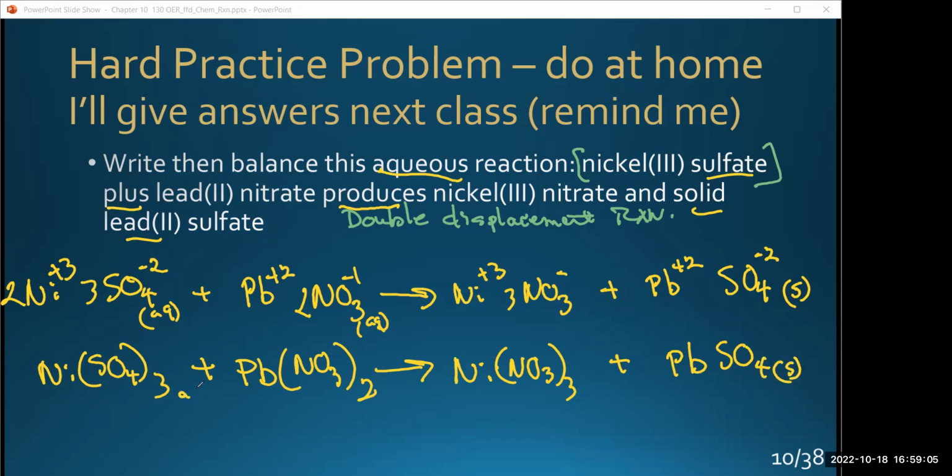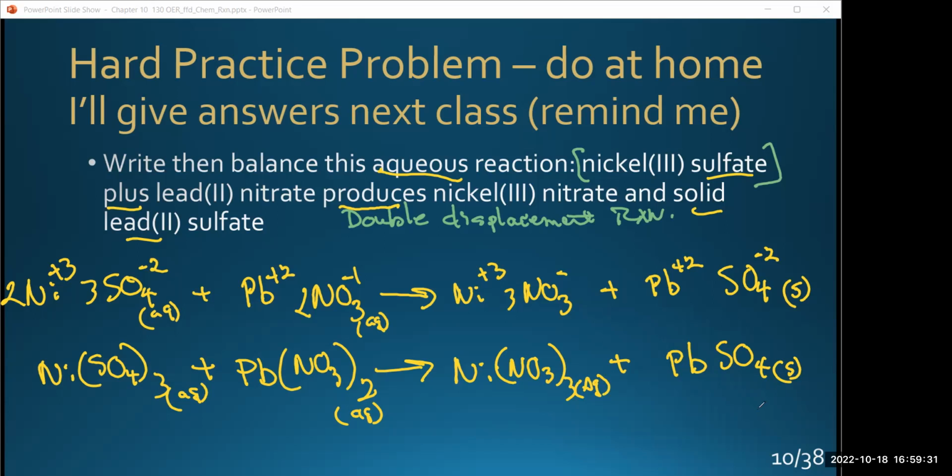So that's AQ and AQ, okay? All right, well, if you look up the solubility of nitrates, you'll find that all nitrates are soluble. So the product here, the nickel nitrate, is also soluble, aqueous. The only thing that was not soluble is the lead 2 sulfate, okay?